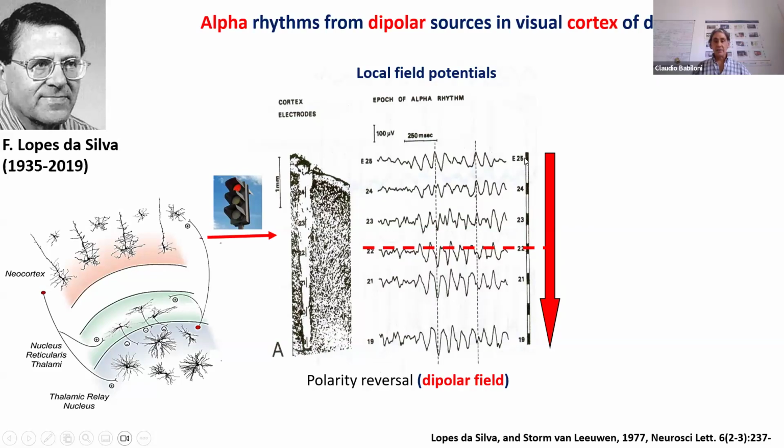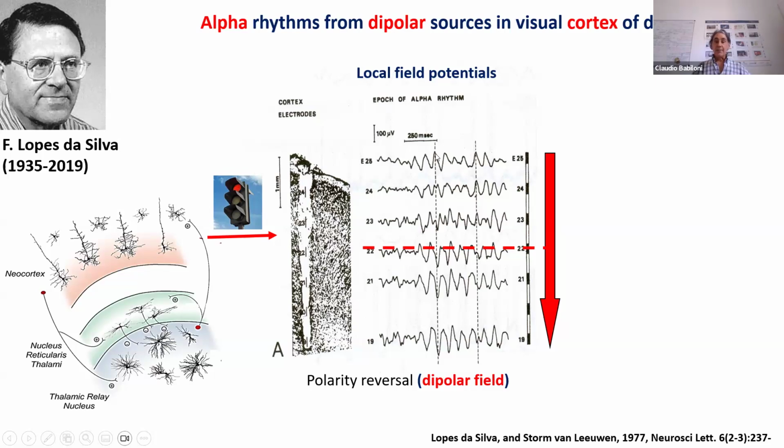And you see in the left side of the figure, in black, the recording contacts of the stick electrodes. And you see that across the layers of the cerebral cortex, you can record EEG activity.